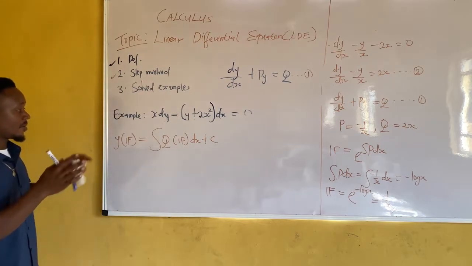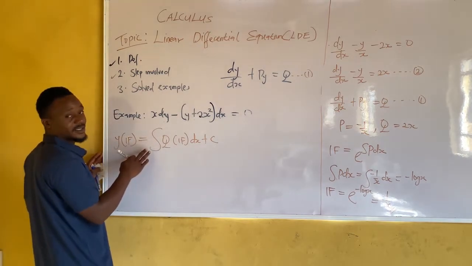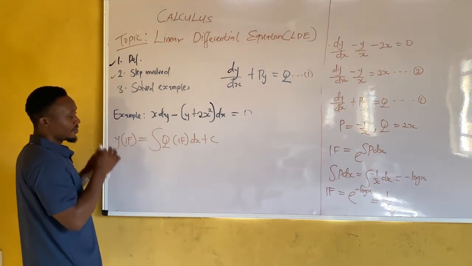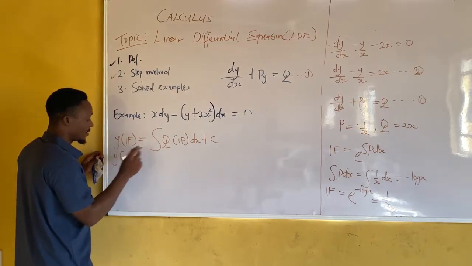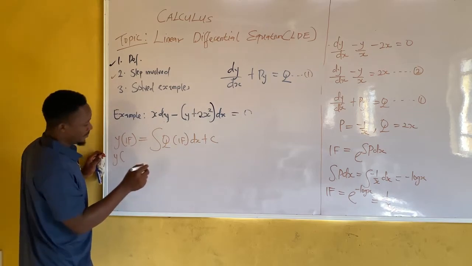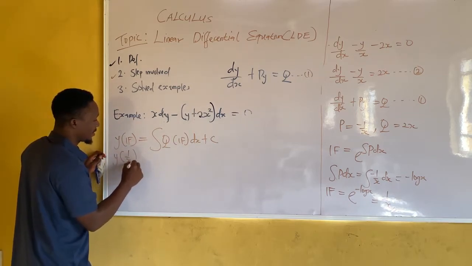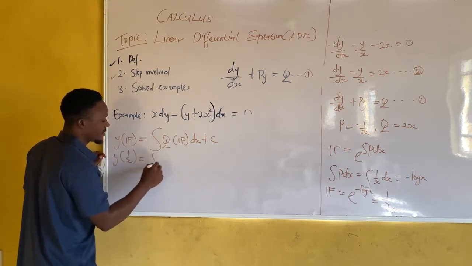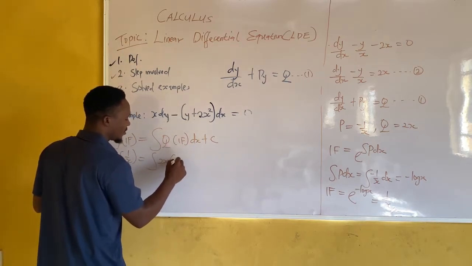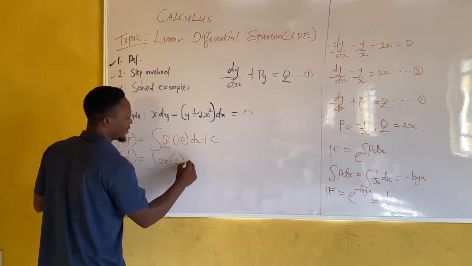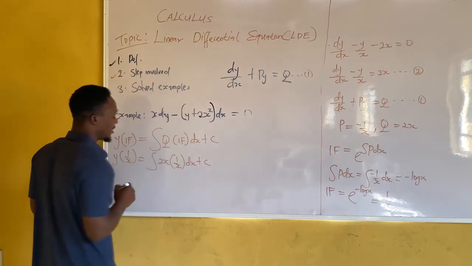Now, we are going to substitute our values into the final equation to resolve our final answer. Now, what is our y? Our y is a constant. What is the integrating factor? 1 over x is equal to integrate. What is our q? 2x. Now, integrating factor 1 over x dx plus c.